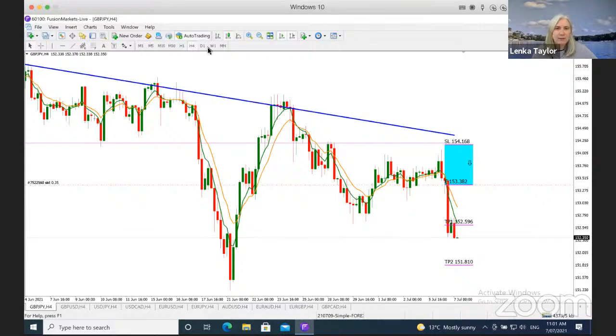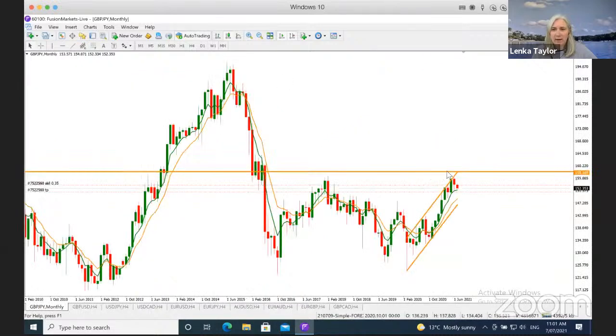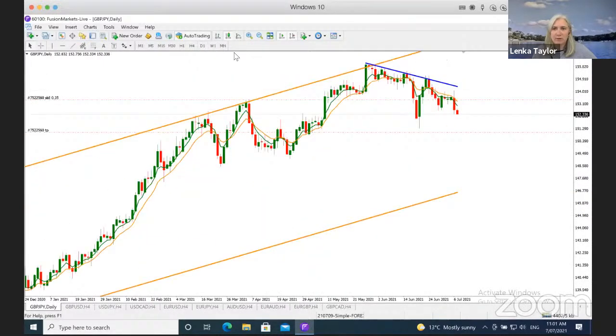Anyhow, this is the chart. On the weekly, it's been going up, but it is now at that resistance level where potentially I'm looking for a turnaround in the direction. On the daily, it's been going down for a little bit.